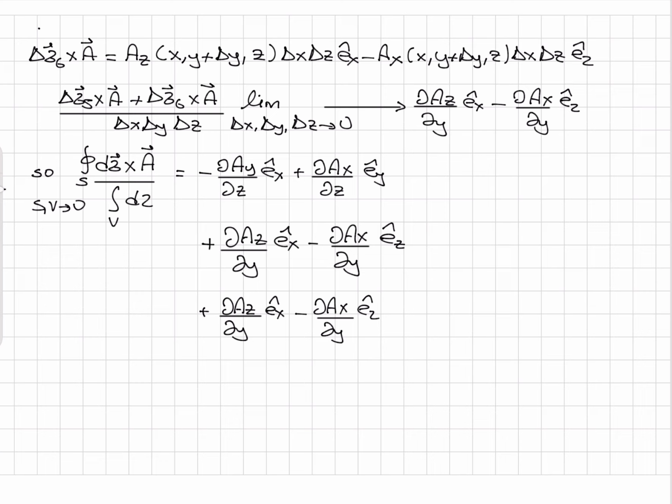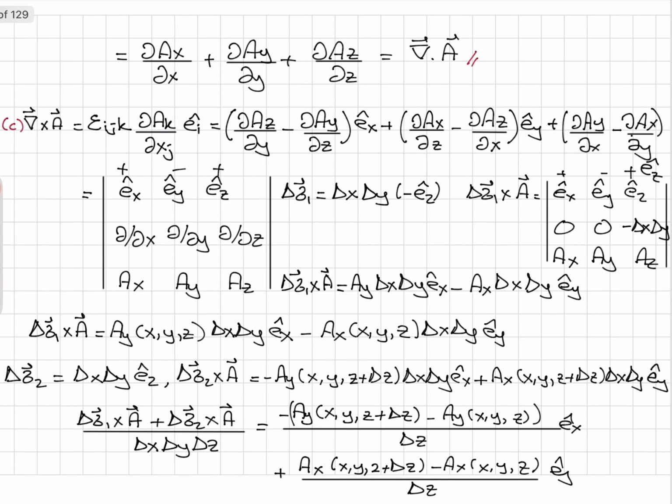Okay, so we have to check: minus del Ay del z ex hat plus del Ax del z ey hat. That's from our delta sigma 1 and delta sigma 2.